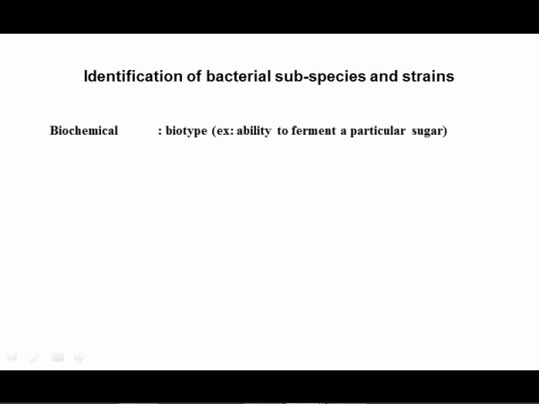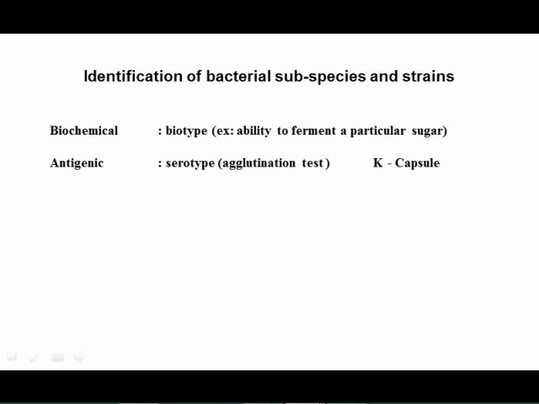Now, to get subspecies identification, you can carry on with the biochemical approach and test whether your bacterium can ferment a particular sugar perhaps, but mostly for subspecies identification, serological techniques are very, very useful.